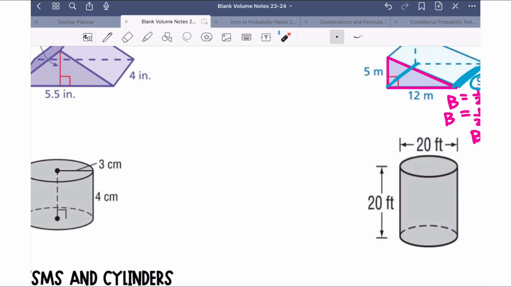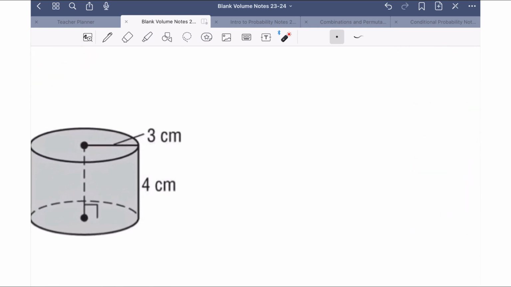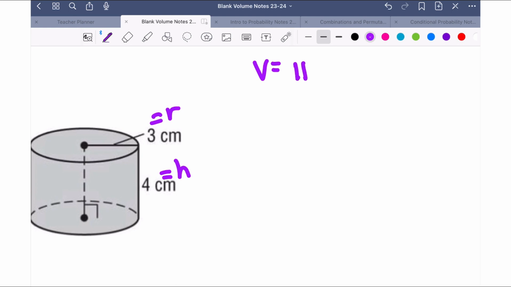I say let's do this one since it already gives me the radius. This is the radius. This is the height. All right. So the formula for a cylinder is pi r squared times the height. Pi r squared times the height of the cylinder.